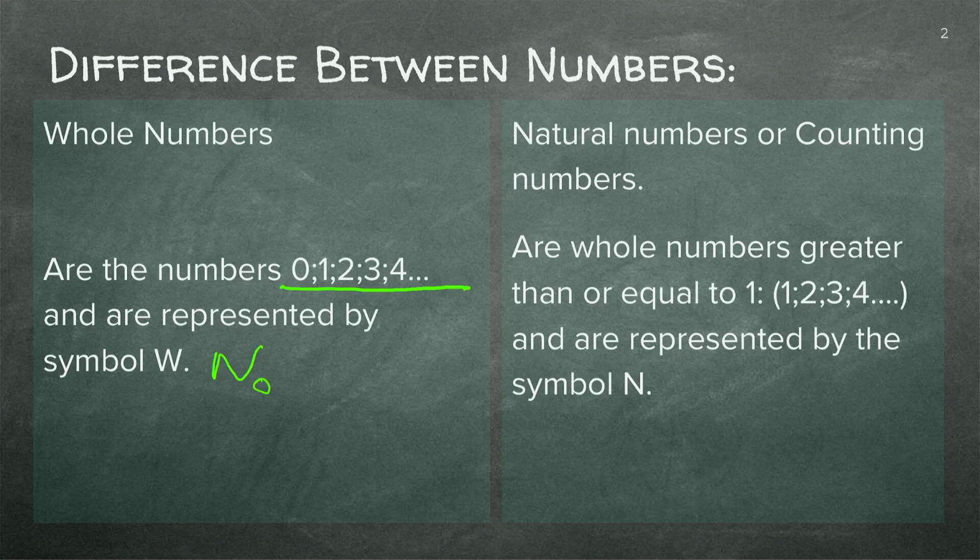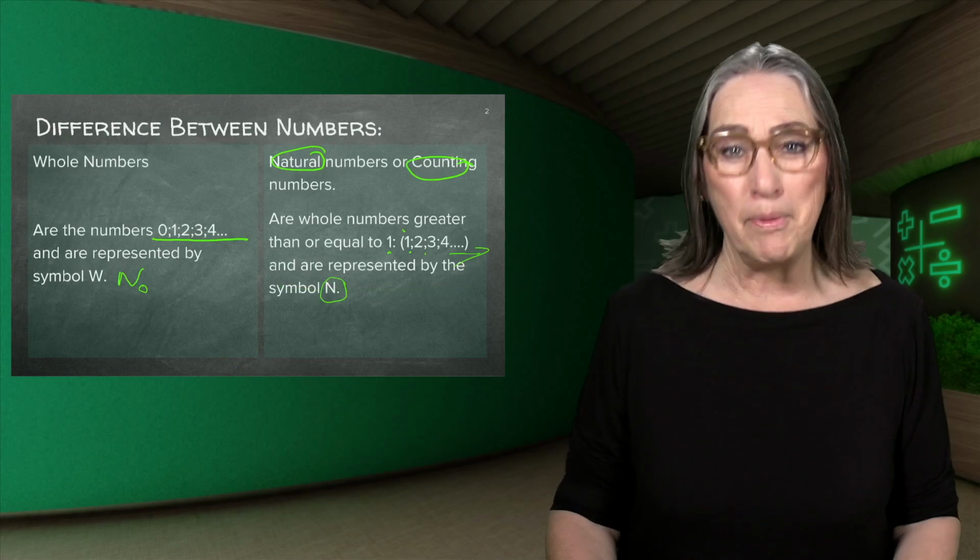As opposed to the counting or natural numbers, which are numbers greater than or equal to 1. Yes, there's no 0. So we start from 1, 2, 3, 4 to infinity, and it is represented by the symbol N1. So easy to remember.